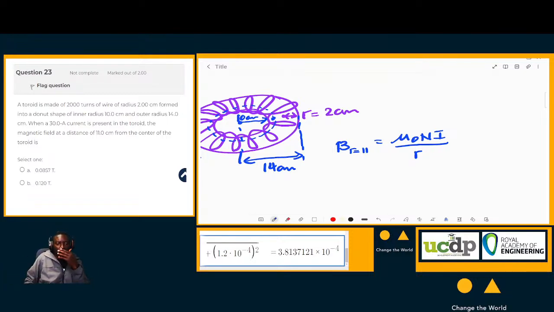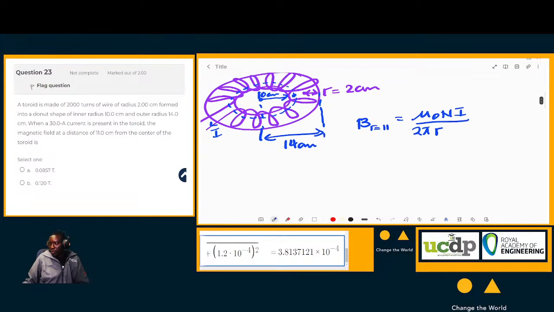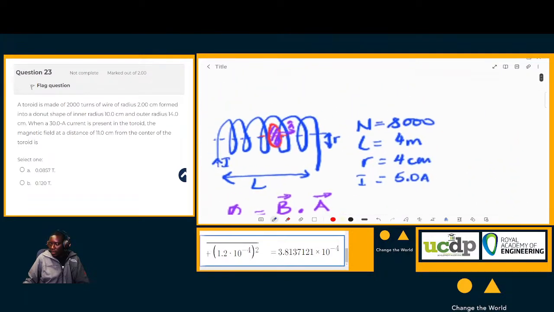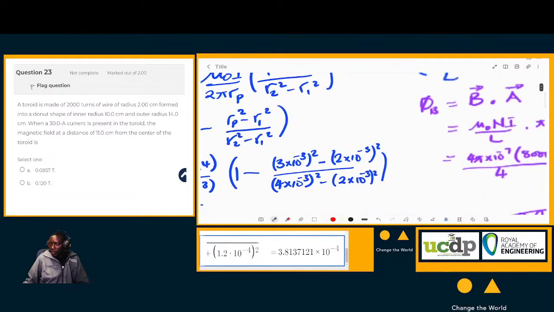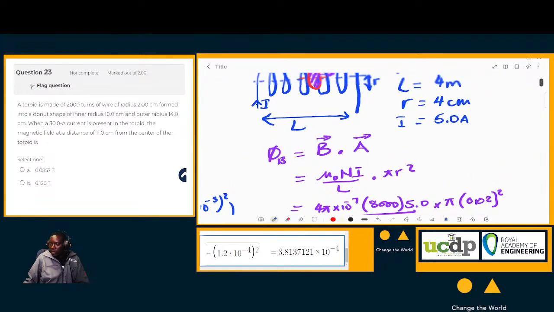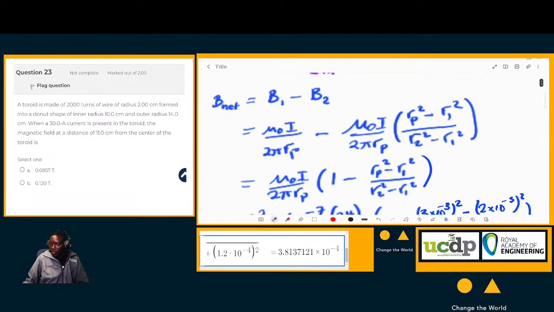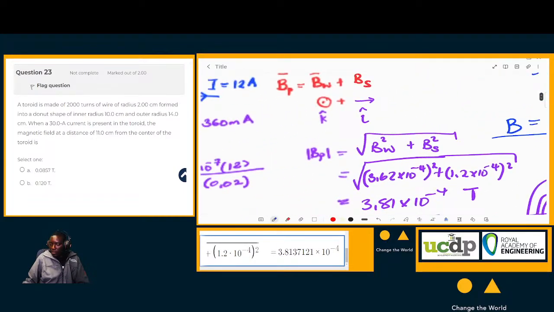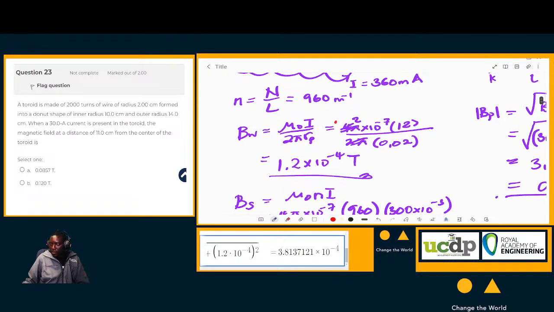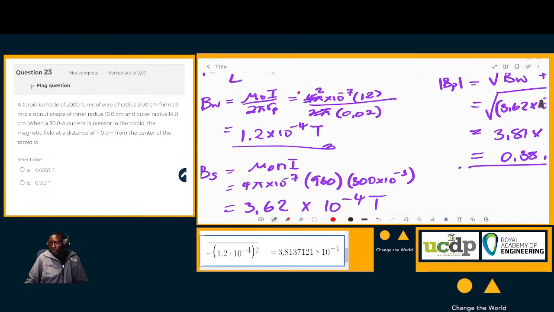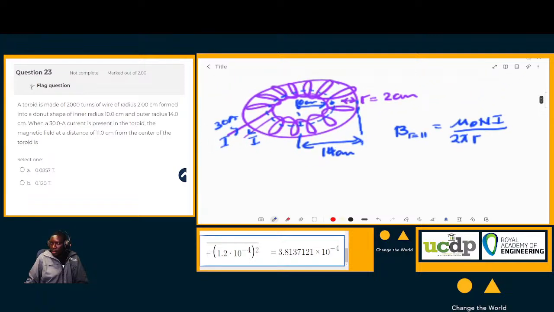Mu naught N I over 2 pi R. Okay, so that's the formula that we're gonna use.